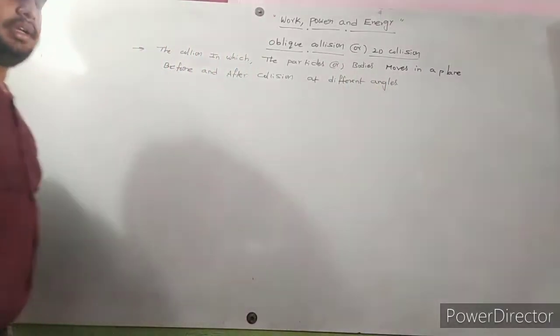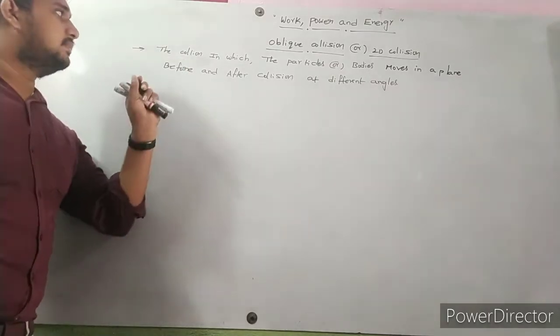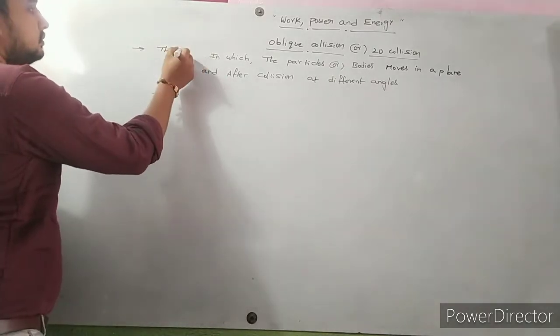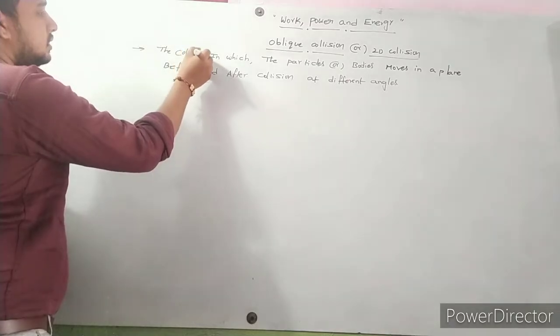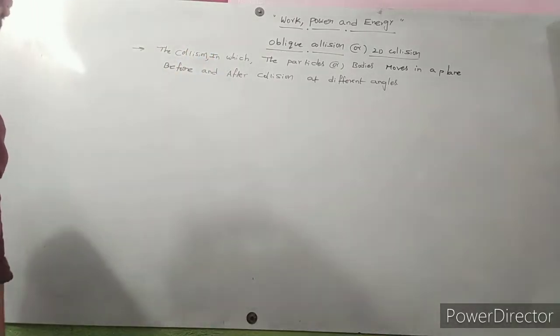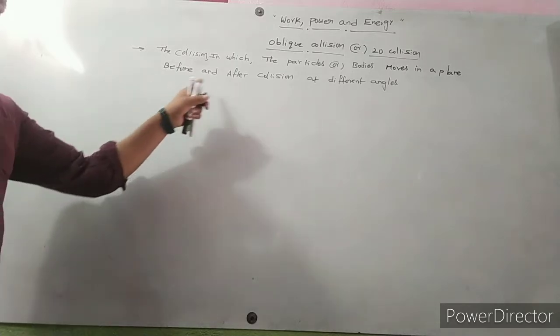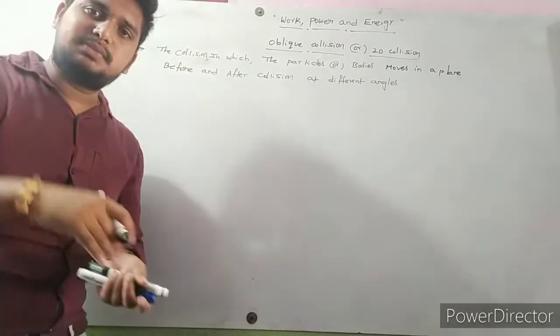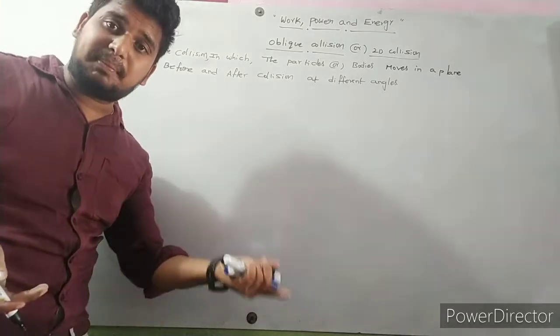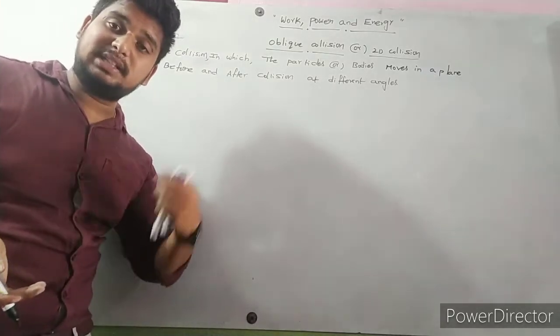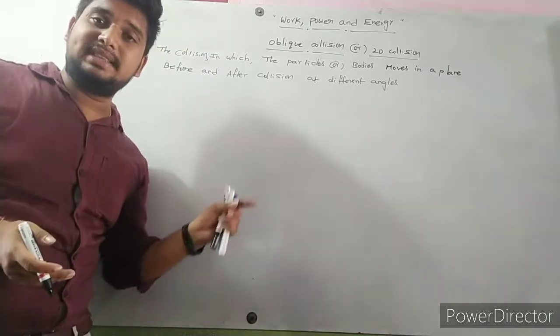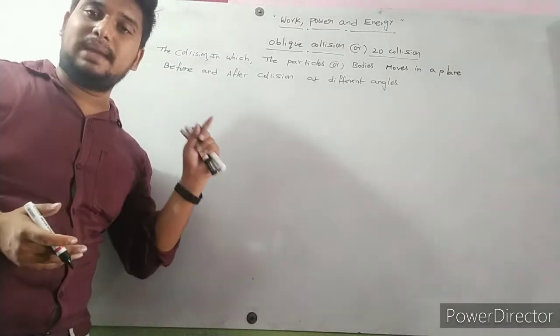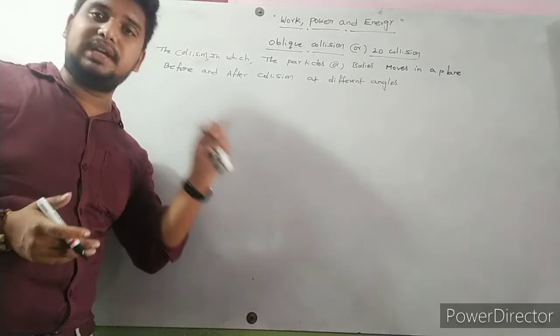So this is very important. So before collision, particles move in a plane. After the collision, particles move in a plane. That means particles move in two dimensions. That's why this collision is called two-dimensional collision or oblique collision.